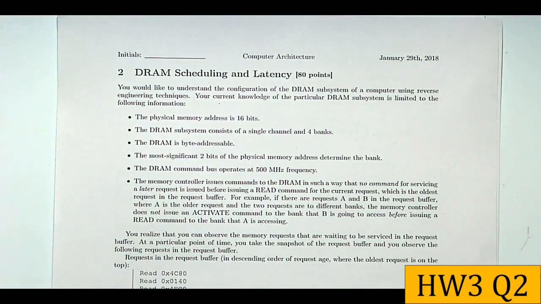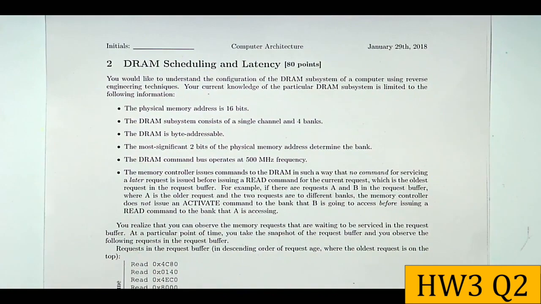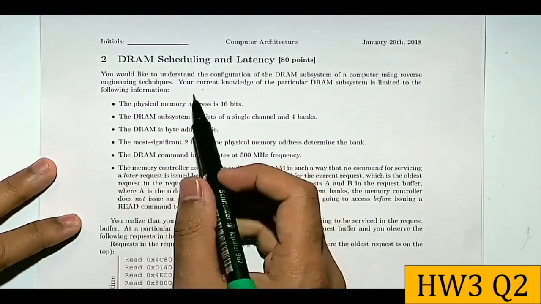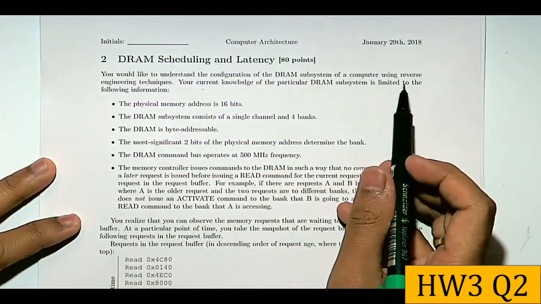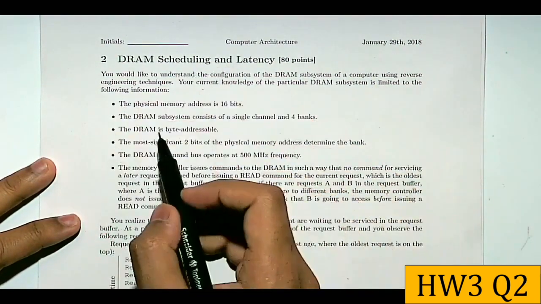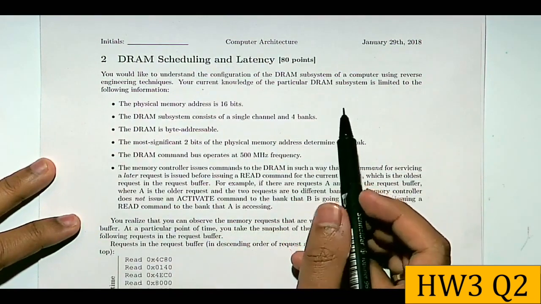Okay, so this question talks about DRAM scheduling and the latency policies. Let's read the question. You would like to understand the configuration of the DRAM subsystem of a computer using reverse engineering techniques, and this is the set of knowledge you have about this DRAM subsystem.